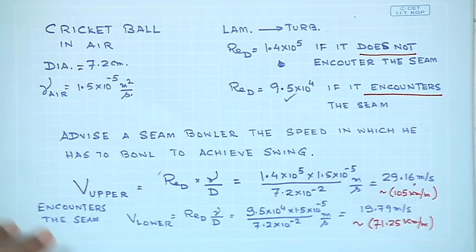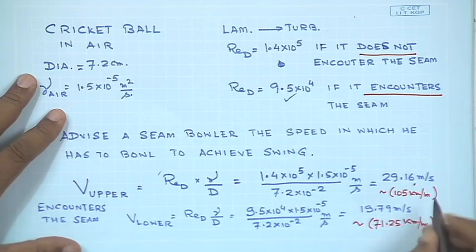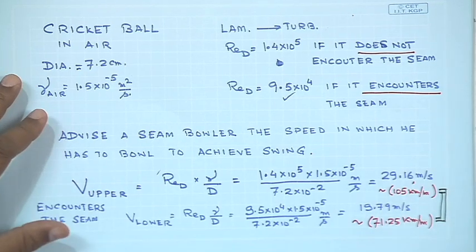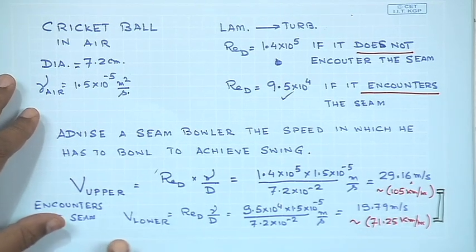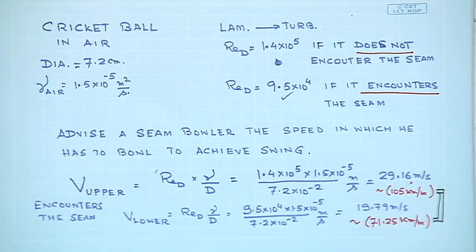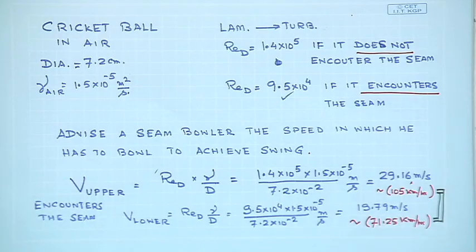So, these two essentially give you the range of the speed of the ball. In order to achieve swing, a bowler has to bowl with a speed in between 105 and 71.